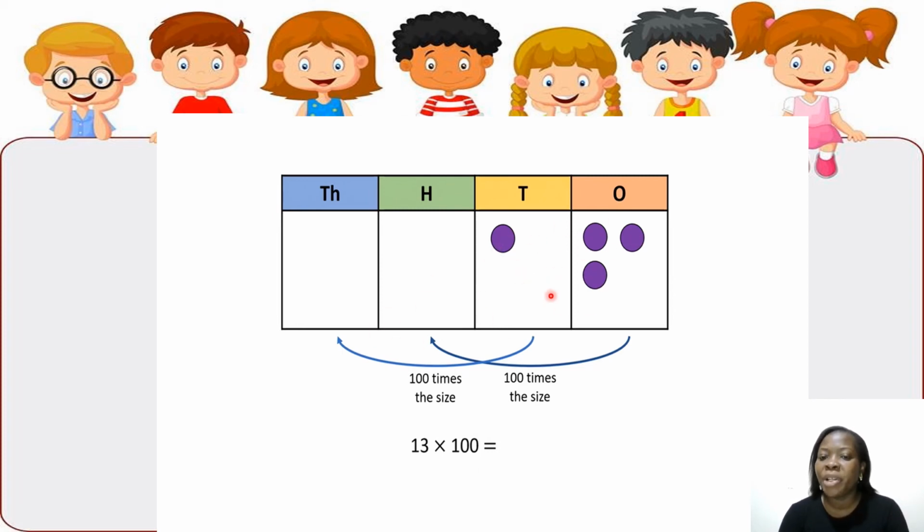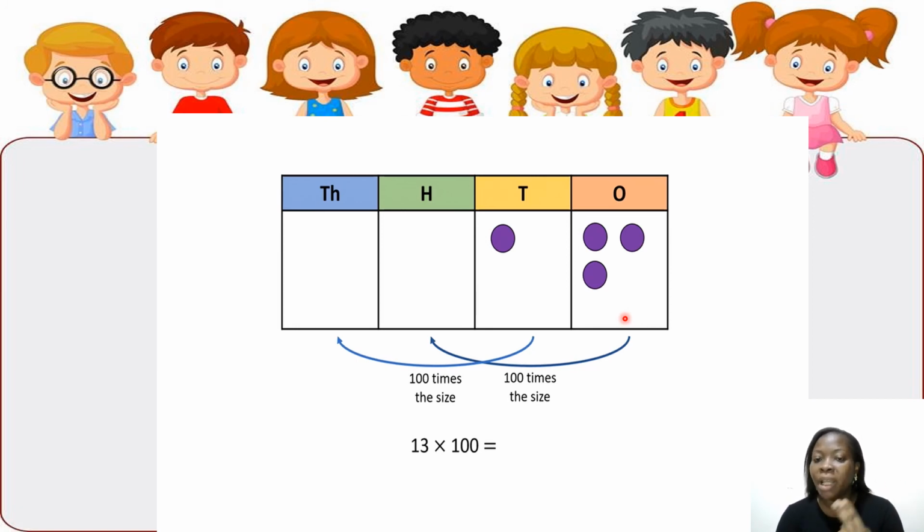So I have represented 13 using the purple counters over here. In 13 we have 1 ten, so I've drawn 1 counter, and we have 3 ones. I've drawn 3 counters here. So when we multiply by 100, we are going to move 2 columns to the left. When we multiply by 10, we move 1 column to the left.